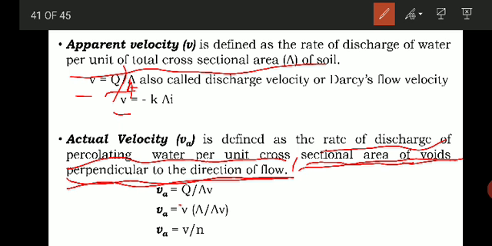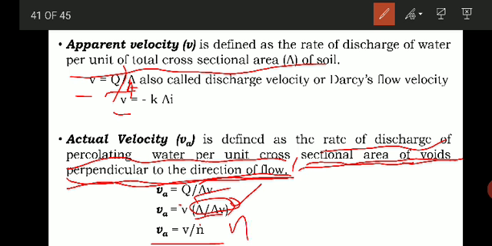Multiplying and dividing by A, you can write it as V times A divided by Av, and A by Av is nothing but the porosity, that is n.